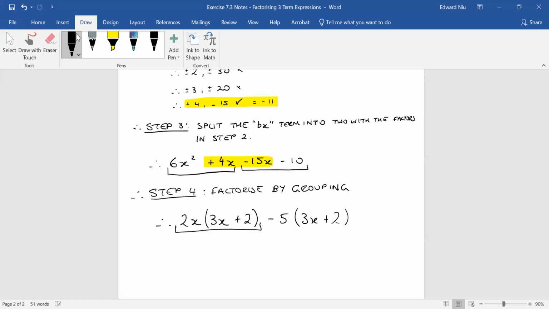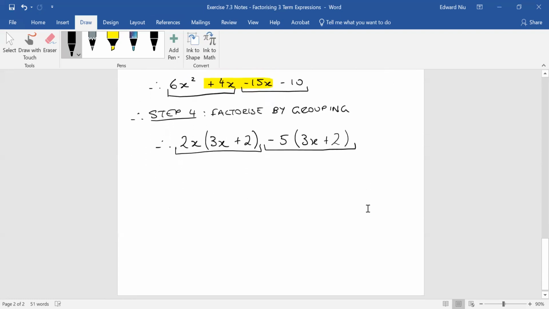And what you notice is we now have 2 identical brackets. And if you remember from last year, if we have 2 identical brackets and coefficients attached on the outside of both, we can actually group the 2 identical brackets together and combine it into 1.